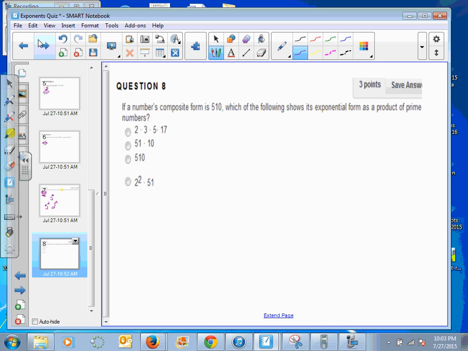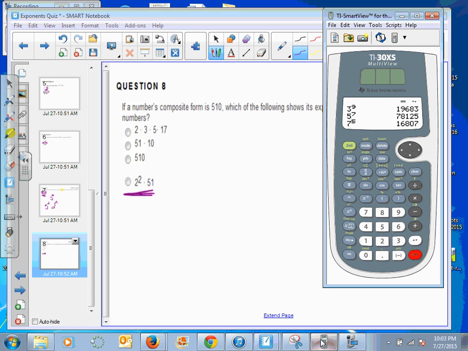And our last one: if a number's composite form is 510, which of the following shows its exponential form as a product of prime numbers? Again, like we talked about early on, with these you probably want something that's got exponents. So I'm thinking it's going to be this one, but I'm not certain about it. So let's bring the calculator up. Let's see what 2 squared times 51 equals.